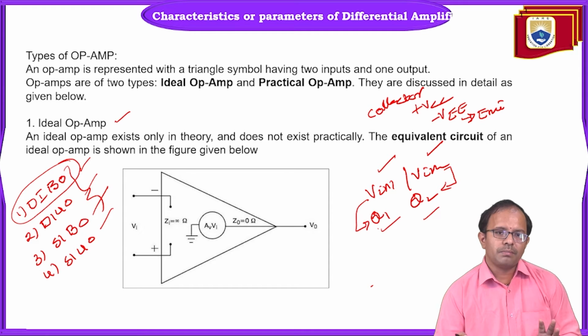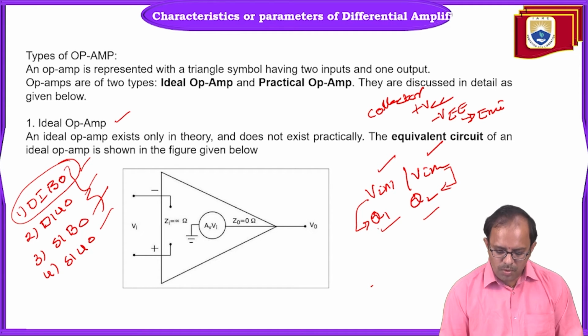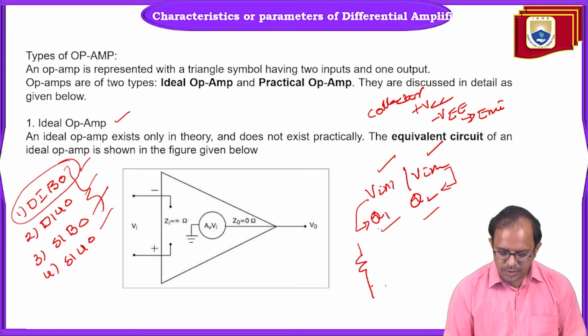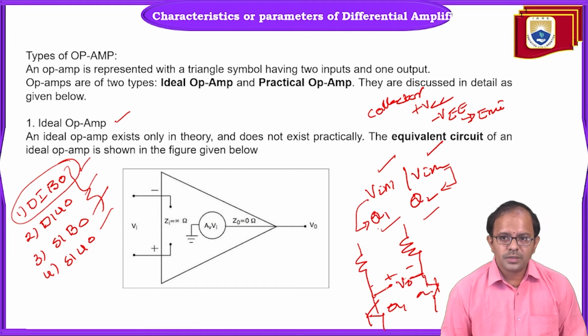And we know about balanced and unbalanced. In the case of balanced, both the collector terminals are strictly used to get the output. Across these two, we are going to get the output. So if you see, these are the two collector terminals of Q1 and Q2, and the output is obtained between the two collector terminals, which is usually considered as the difference between the two outputs.